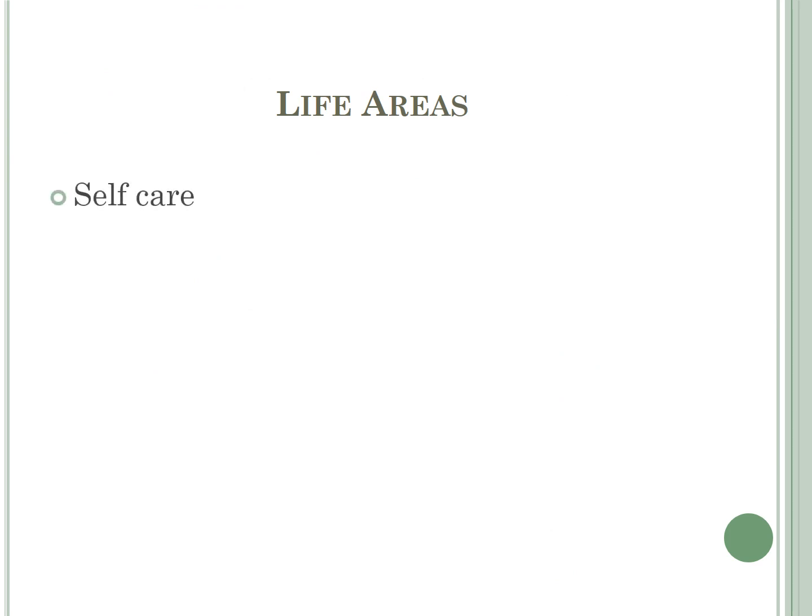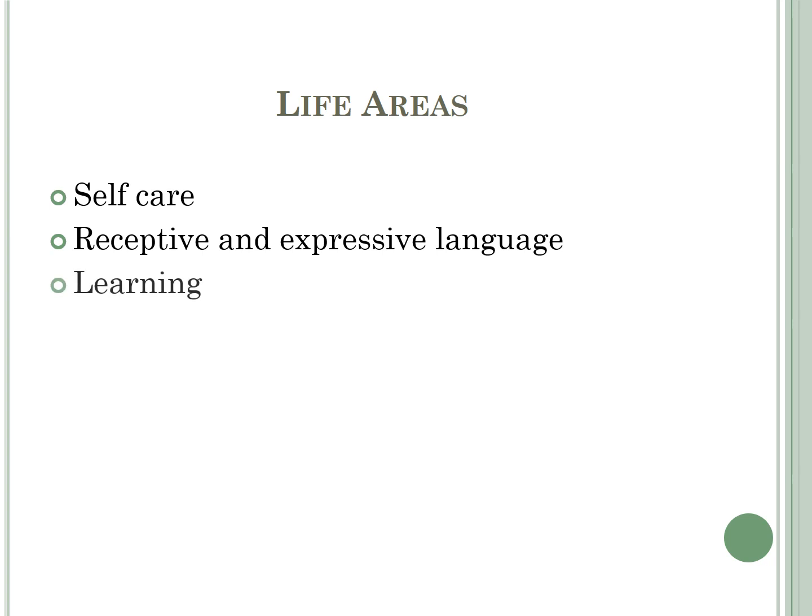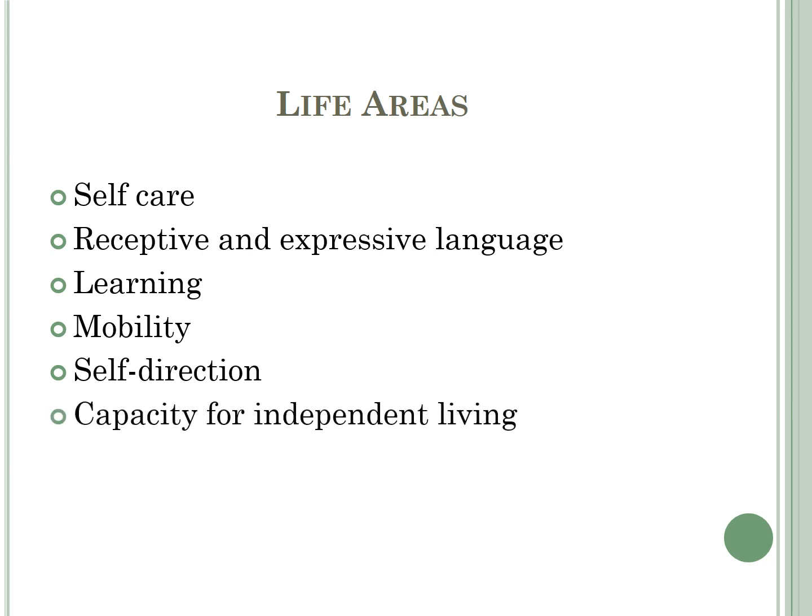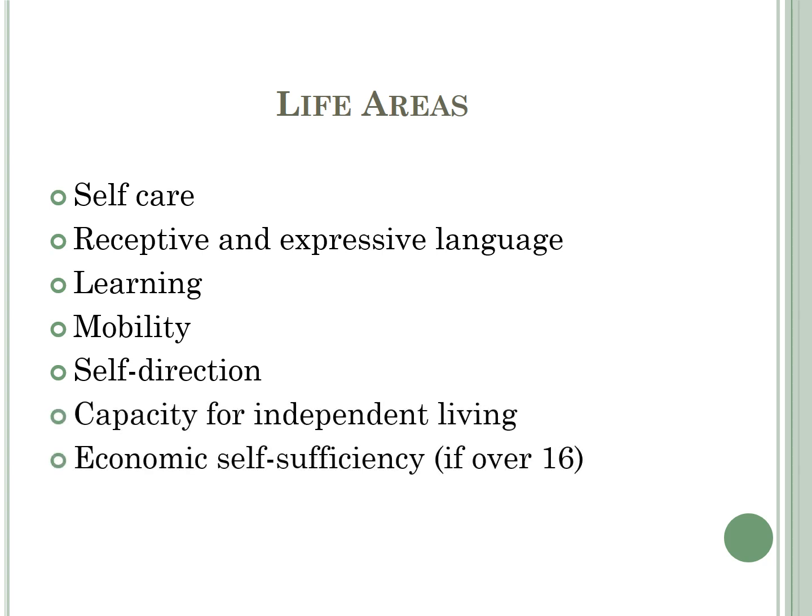And what are those life areas? Self-care, receptive and expressive language, learning, mobility, self-direction, capacity for independent living, and economic self-sufficiency if the person is over the age of 16. And these life areas really do hit on every possible developmental disability.